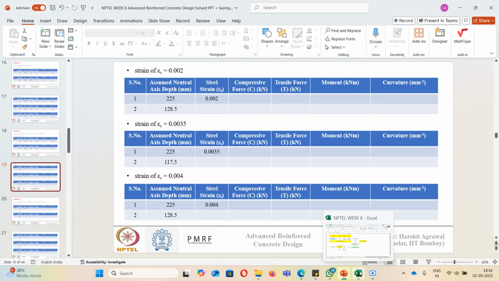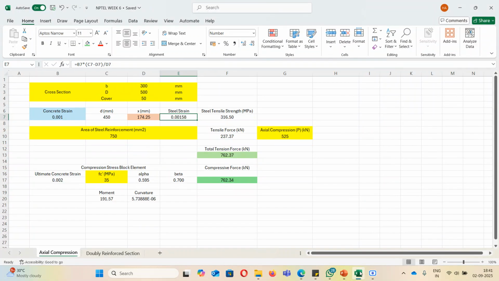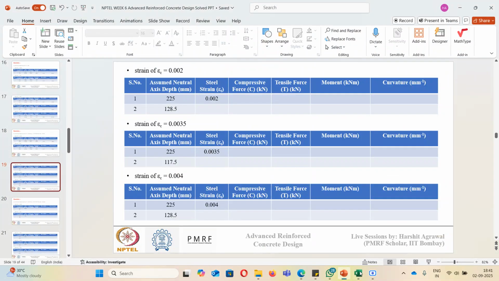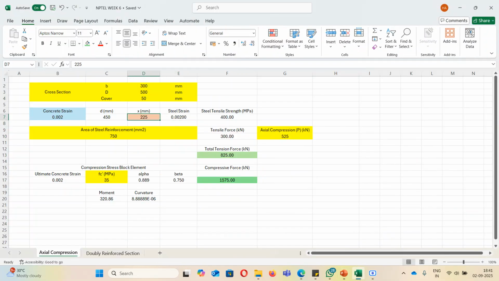Okay, again for strain value of 0.002. Okay, at 225, compression force is 1575. Tension force is 825. We need to decrease the compression force, so I will set this x value at 128.5.